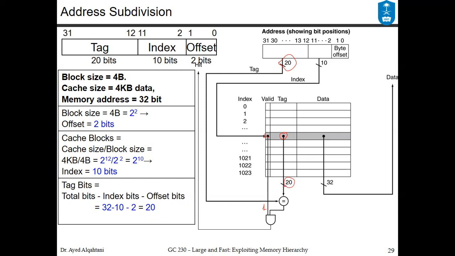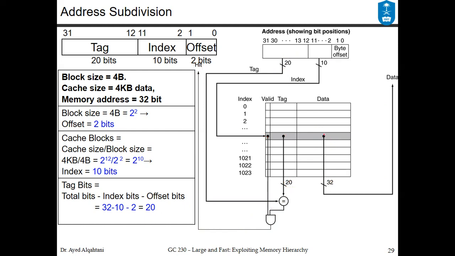If they are equal, they will generate 1 for you, and 1 ANDed with 1 means that it's a hit. Sorry, there is an overlap here, but this means that there is a hit here. And now you have a hit. If it's a hit, you supply the data to the data outputs. The data is going to be 32 bits, since we are saving 1 word at each location.